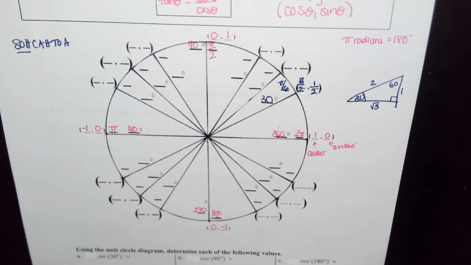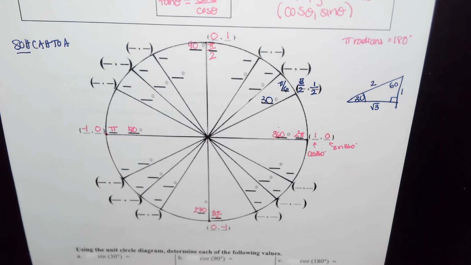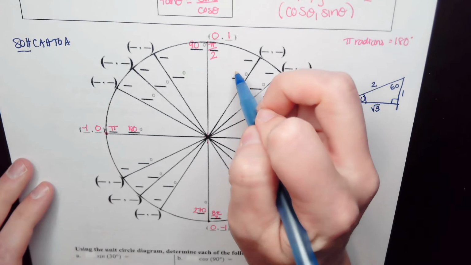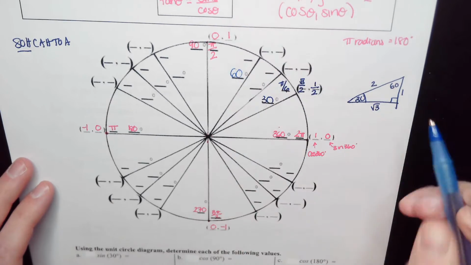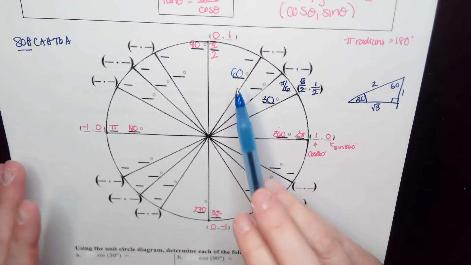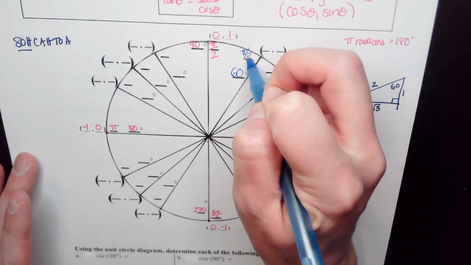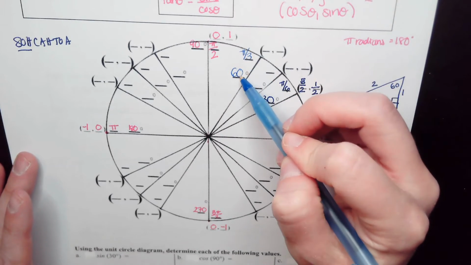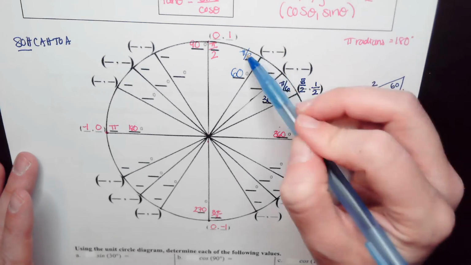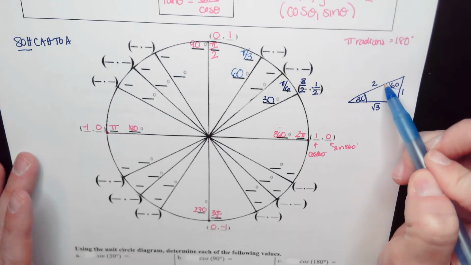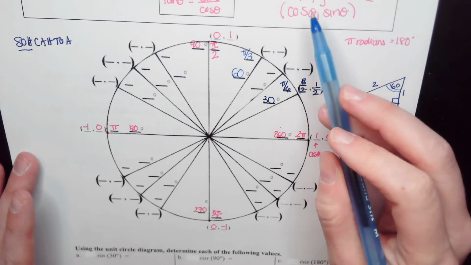All right, next, let's talk about 40. Actually, you know what? We're going to jump over to 60 degrees here, because that one uses the same triangle. I'll do that in blue. So 60 degrees is going to be pi divided by 3. 180 divided by 3 gives me 60. For that one, if I look at this 60-degree angle right here, I want the cosine first.